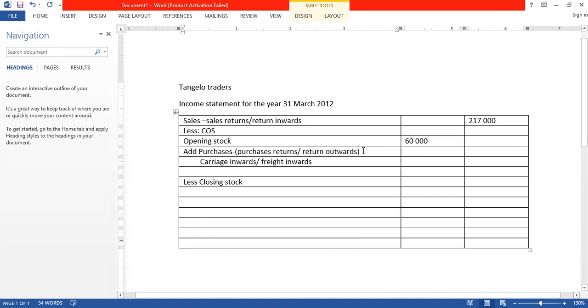That's why in brackets you have to subtract the 2,000, which is part of the drawings, the goods that were taken out of the business by the owner. Our purchases amount was 102,000, right? So it will be 102,000 minus the 2,000.